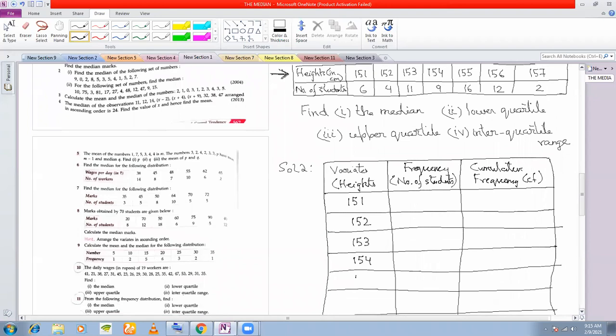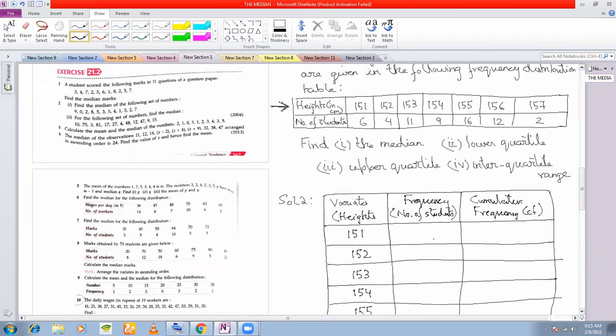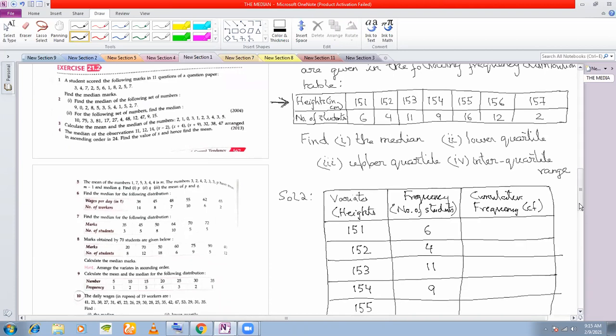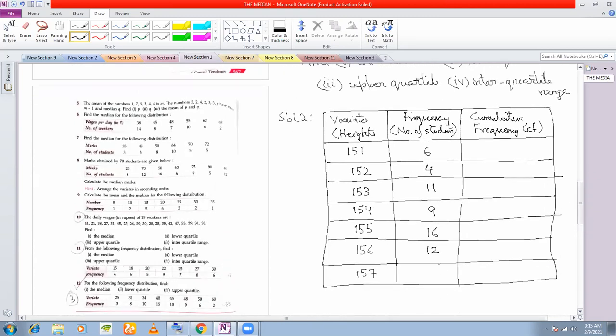What we do here is less than type mostly, so that students don't get confused. In the textbook also, they have not mentioned anything about less than or more than type. But actually, cumulative frequencies are of two types: less than and more than. And we deal normally with the less than type. You either deal with more than or less than. So we are dealing with less than here, not mostly, absolutely, in fact.